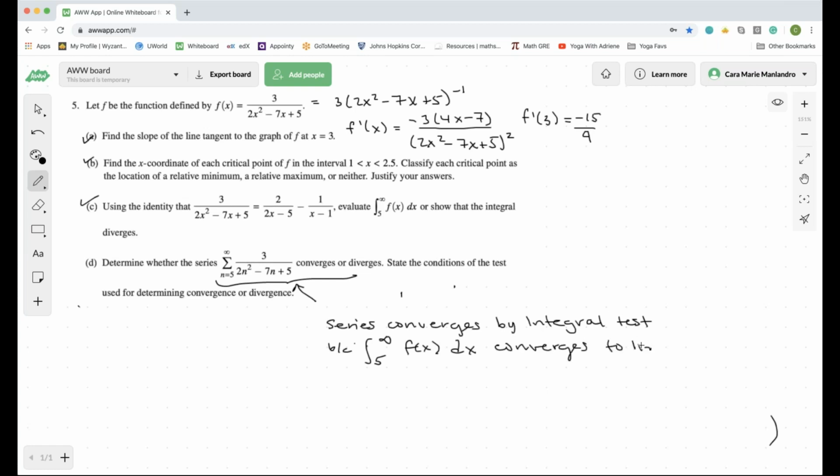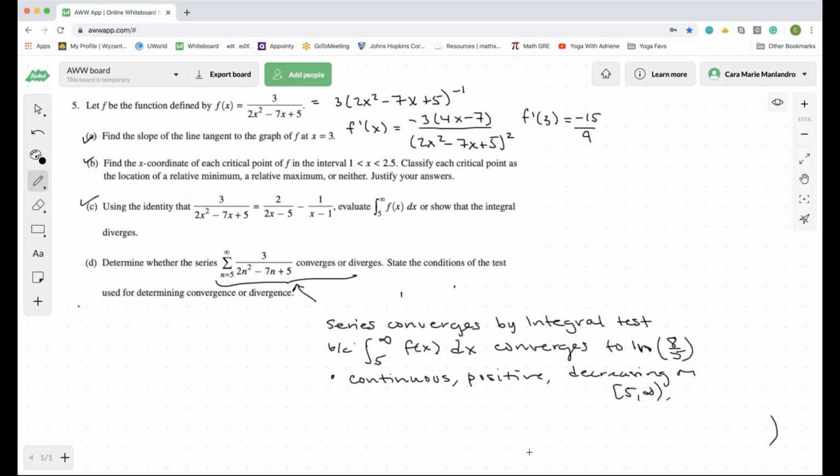So converges to ln of 8 over 5. Now we have to state the conditions for the integral test. So what were the conditions for the integral test? It has to be continuous on the interval. It has to be positive, and it has to be decreasing, okay, on your interval.